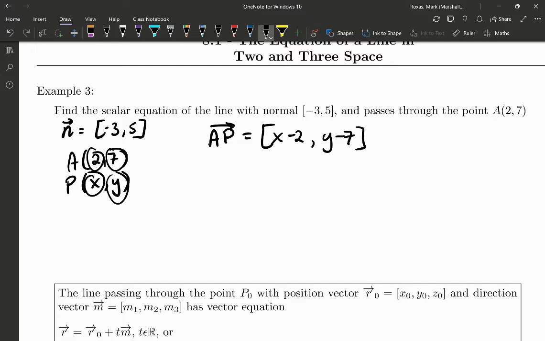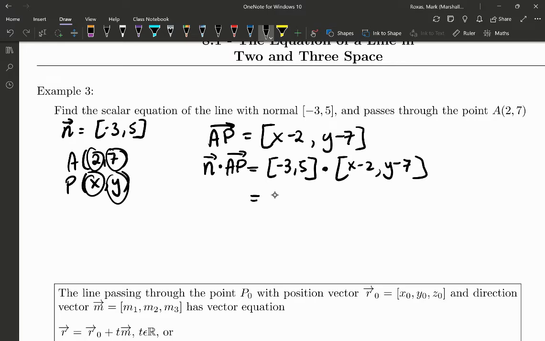Okay, so there's my vector there, and then my dot product n dotted with AP, because the normal vector has to be normal to that vector AP, would then be the dot product between negative 3 and 5, dotted with x minus 2 and y minus 7. And if I do this algebraically, I'm going to have negative 3 times x minus 2 plus 5 times y minus 7.